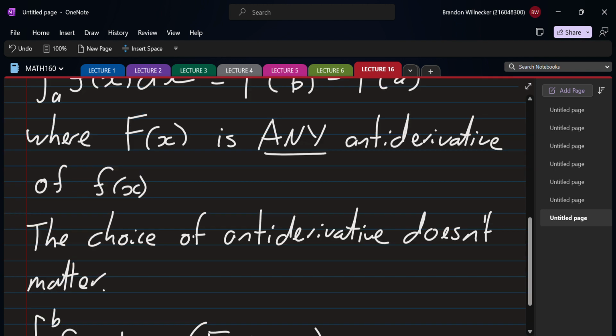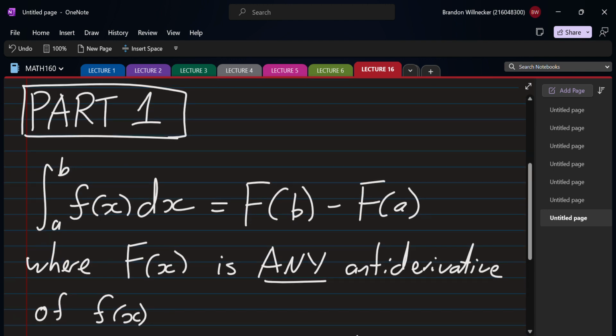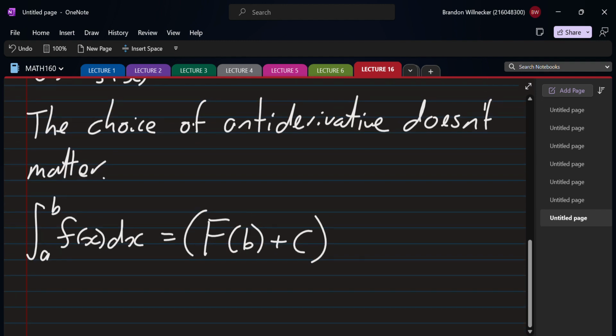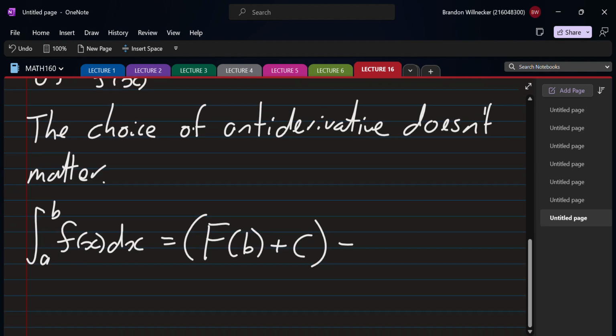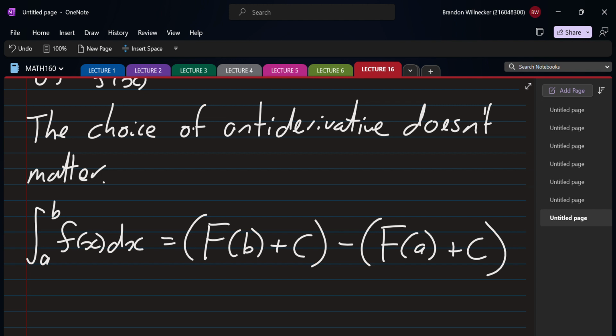The plus c means it's any of them. Minus, again, any antiderivative at a. Now you can't choose two different ones, they have to be the same. So we have capital F at a plus c. The c I'm leaving to be anything. So the first bracket is any antiderivative, and the same thing with the second.